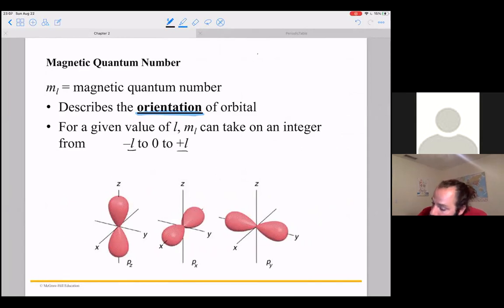Let's say that we were talking about the 2p orbitals. In the language of our quantum numbers, this would be a principal quantum number equal to 2. Our angular momentum quantum number would be 1, right?